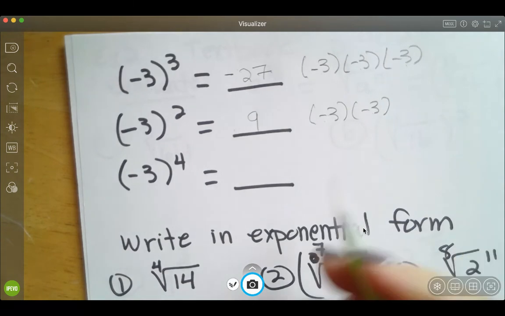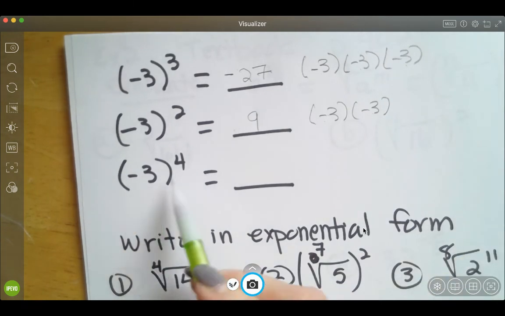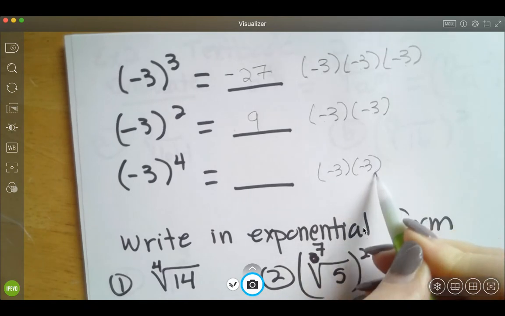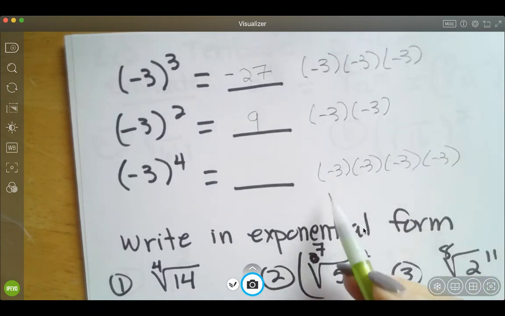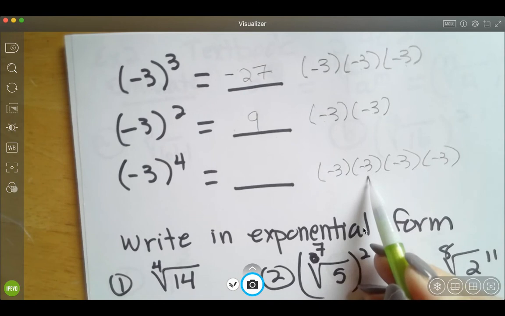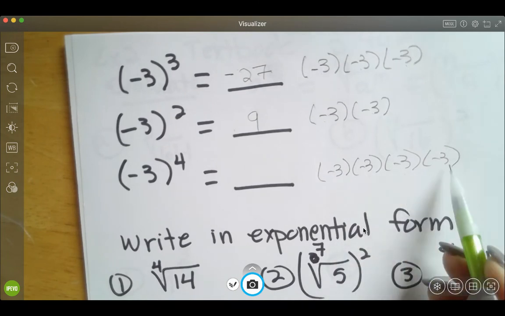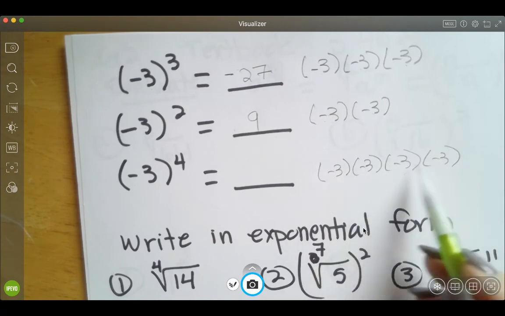And if we look at our last one, we have negative 3 to the fourth. So negative 3 times negative 3 times negative 3 times negative 3. Negative times a negative is a positive, times a negative is a negative, times a negative is a positive. Or you can say it's going to be positive.